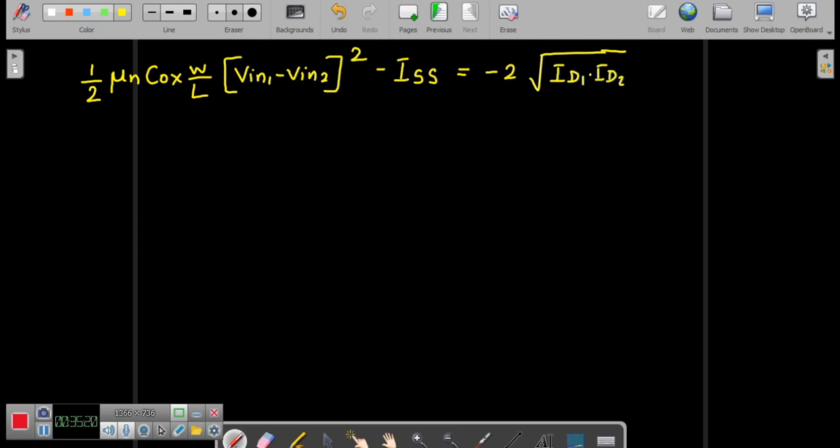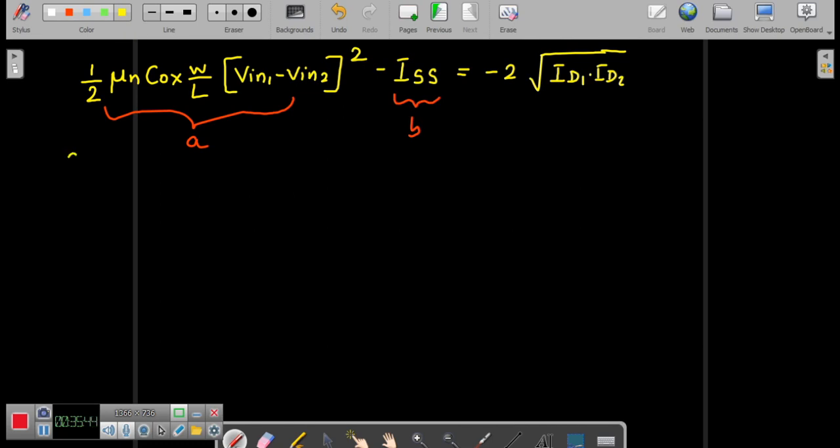This now here, this I will take as A, this as B for my further manipulation. So what I will do here is now squaring both sides and taking 4 into ID1 into ID2.